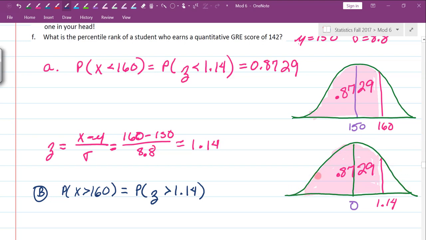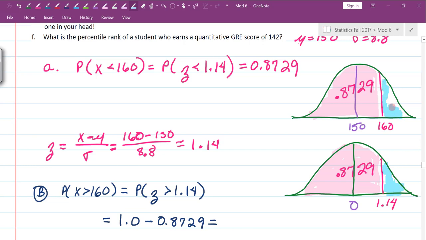Well, what is the area under the whole curve equal to? The area under the whole curve is equal to 1.0, right? So this is going to be equal to 1.0, the whole curve, minus, if I subtract this area right here, which is 0.8729, that is actually going to be equal to this part right in here, which is the area that I'm now interested in.